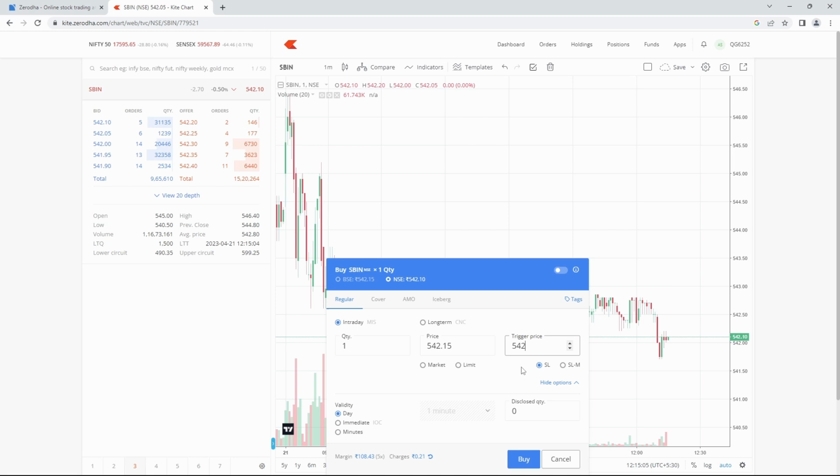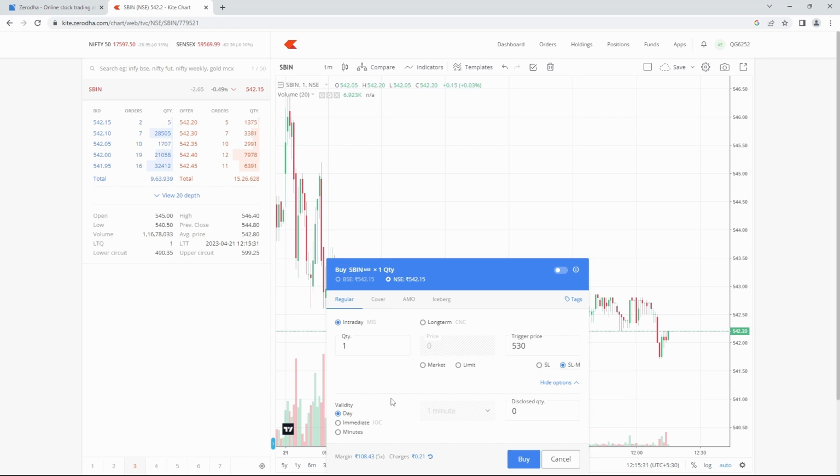So if you put a stop loss on this particular stop of 530 rupees, you will be able to get this particular order executing by itself when the price hits the level of 530. And in the stop loss market orders, the order will be getting executed at the market price, and it will be having a stop loss of 530 trigger price.